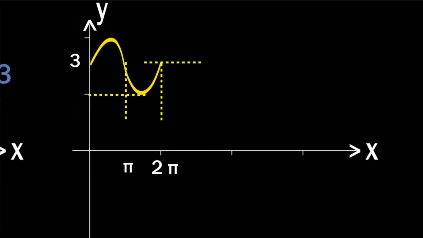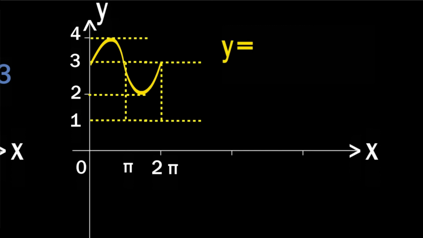The maximum value for this graph is 3 plus the original maximum value for sine x, which is 1, so it is 4. The minimum value of sine x is -1, and -1 plus 3 is 2. So this is the graph for y equal to sine x plus 3.